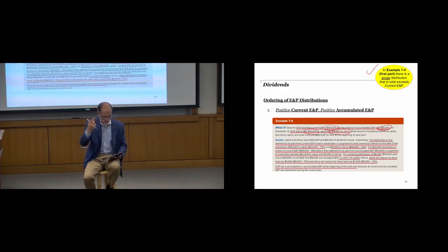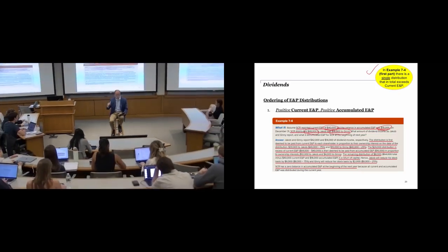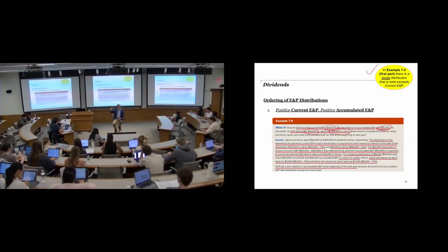So the only thing I have to do here is, Jacob is a 75% owner and Jenny is a 25% owner. So first current E&P goes out. 75% of that goes to Jacob, 25% to Jenny. If there's still an amount distributed over that, then that comes out of accumulated E&P.